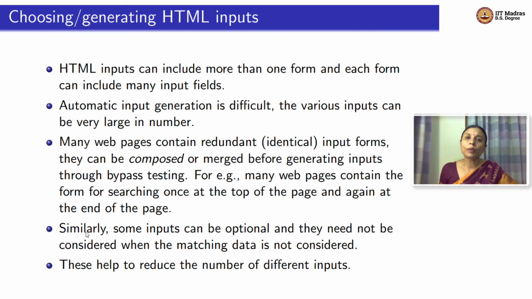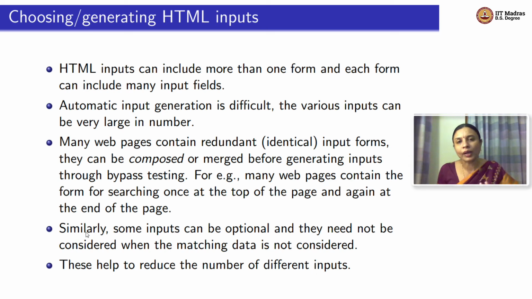So even though the number of different inputs to a website can be large, and we typically don't consider our goal to be bypassing all those inputs, we still reduce the inputs by composing, eliminating duplicate redundant inputs, by considering inputs that are optional as purely optional, and so on, and then come up with a succinct reduced set of inputs.